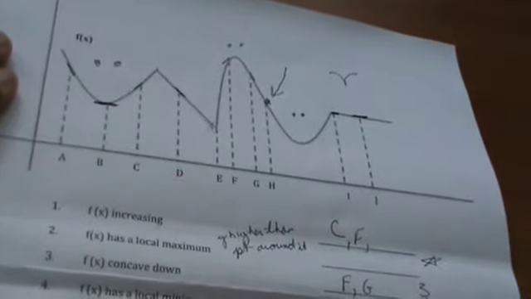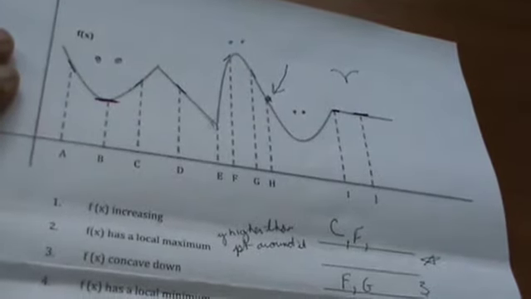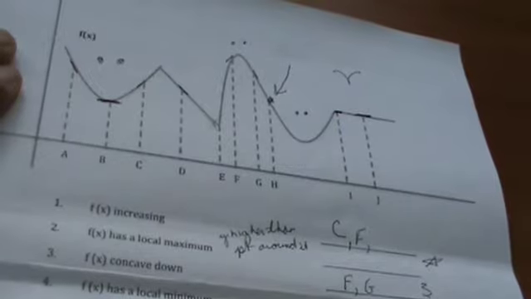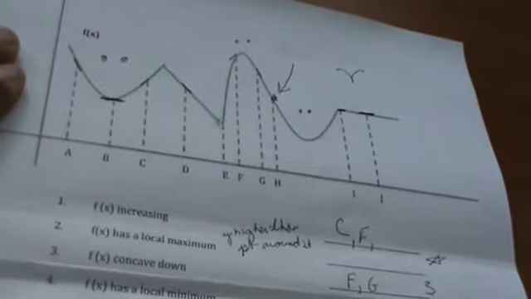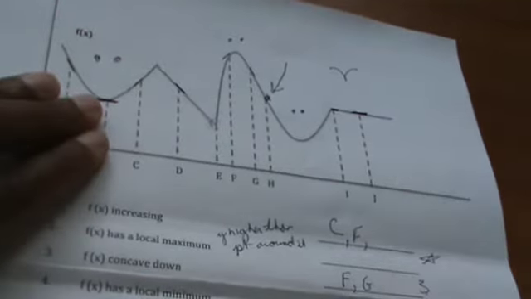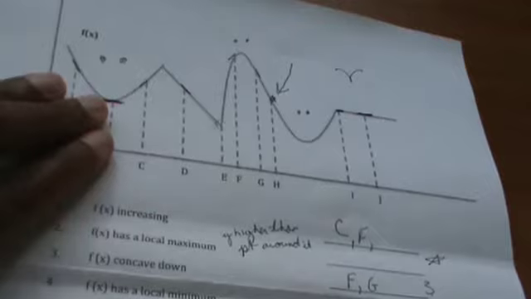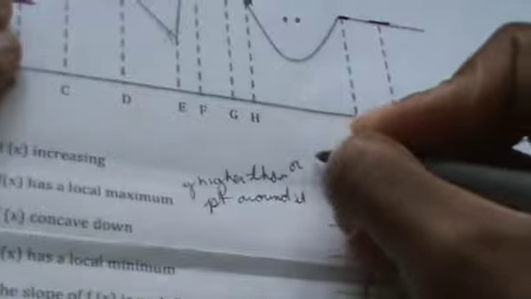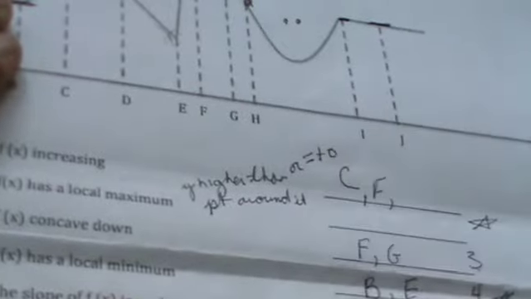Okay, let's start off with number 2. For number 2, it says F has a local maximum. Now, I kind of lied to you because in order for something to be a maximum, it's not just that your y is higher than the points that are around it. It's higher than or equal to, right?